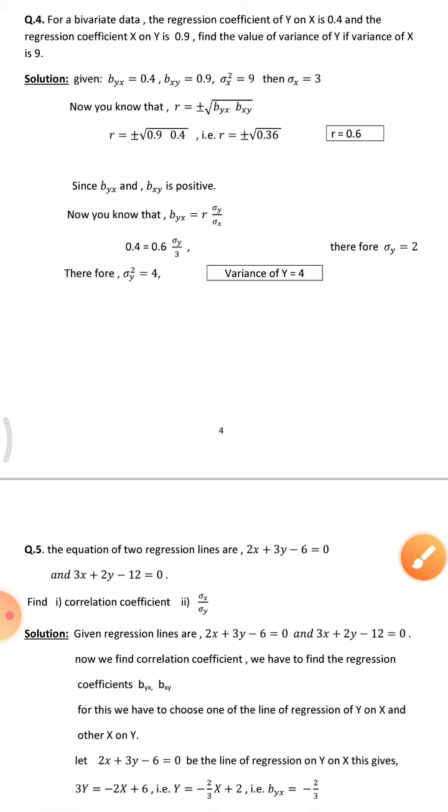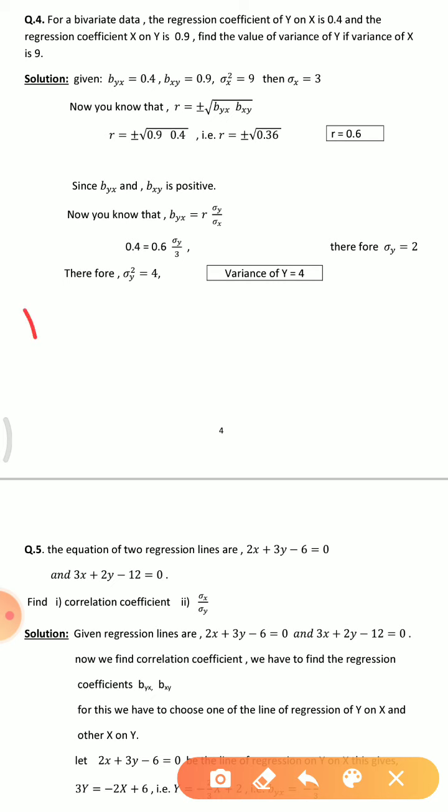Question number 4. For a bivariate data, the regression coefficient of y on x is 0.4 and the regression coefficient of x on y is 0.9. Find the value of variance of y if variance of x is 9.